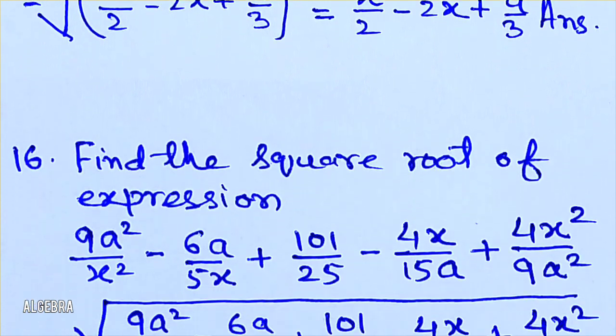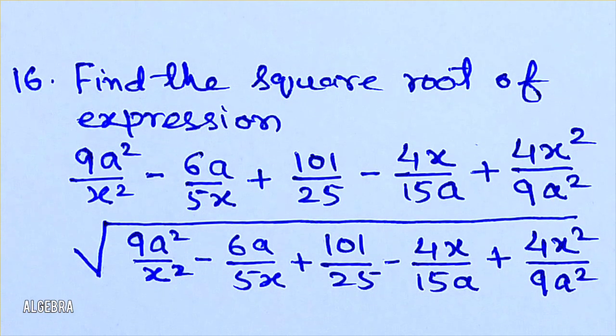16. Find the square root of the expression 9a^2/x^2 - 6a/(5x) + 101/25 - 4x/(15a) + 4x^2/(9a^2).